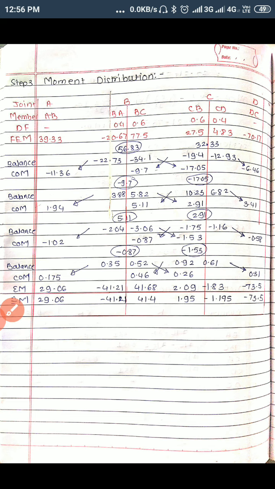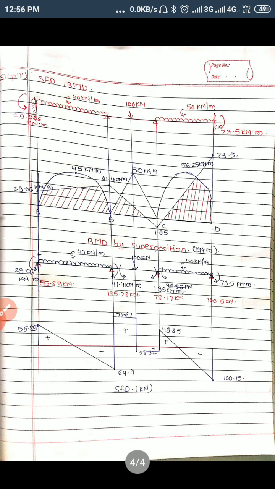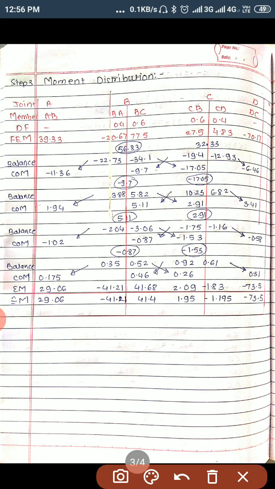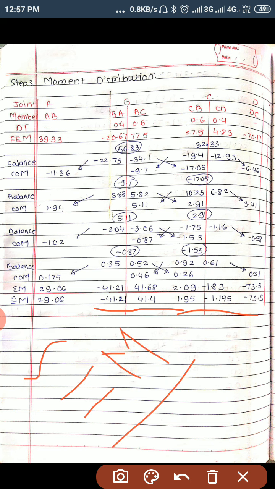If you have any doubts regarding this moment distribution table, feel free to ask me. Then for the final outcome, we get values like plus 0.5 here and there, so we calculate the approximate moment, round off to a particular value, and end our moment distribution part.